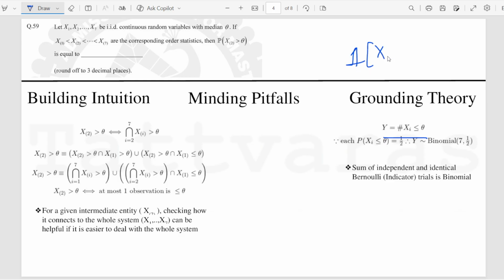The indicator is that Xi is less than or equal to theta, and you are summing it over 1 to 7. So we know that this is essentially linked with the probability of the event. So it's 1 with probability half because we are dealing with the median, and 0 with probability half.